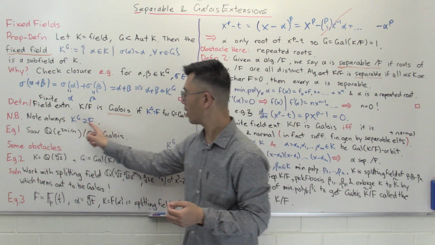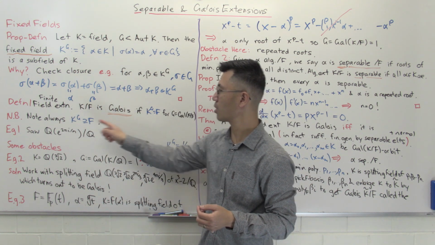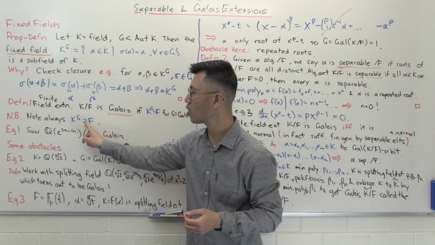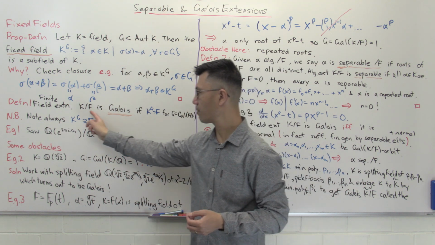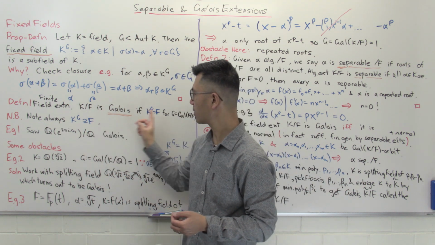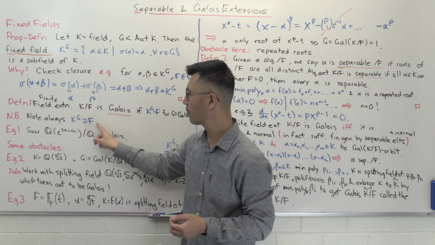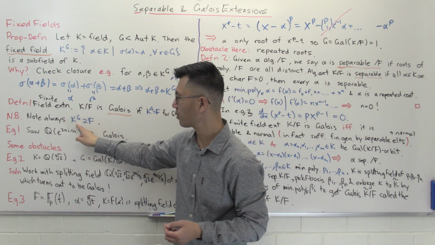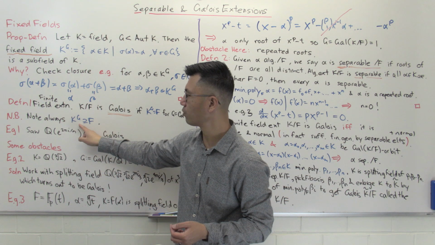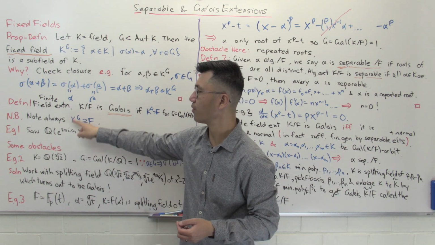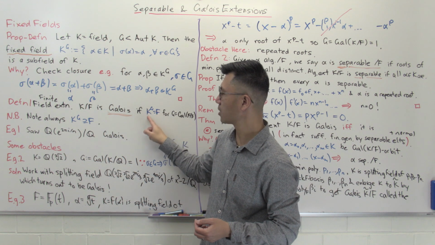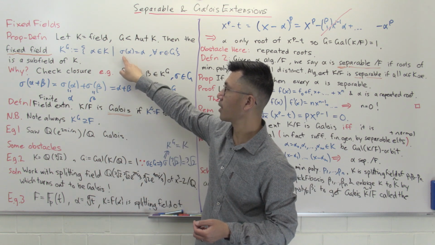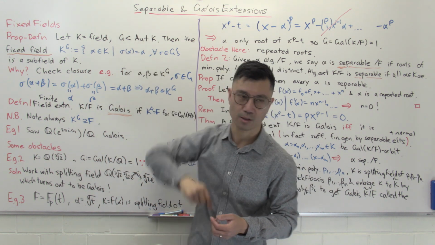Basically you want to show that these are equal. Certainly you have one containment, so you just have to show the other containment. Instead, we'll show that everything that's not in F gets moved about by something. It's not fixed. If you're not inside F, you're going to find a Galois automorphism which doesn't fix it.